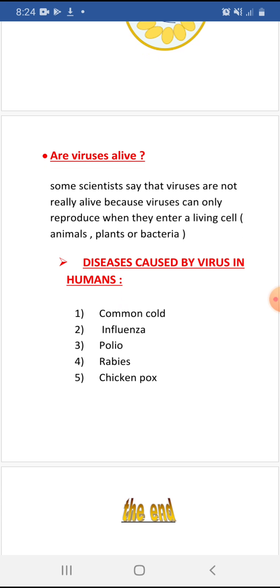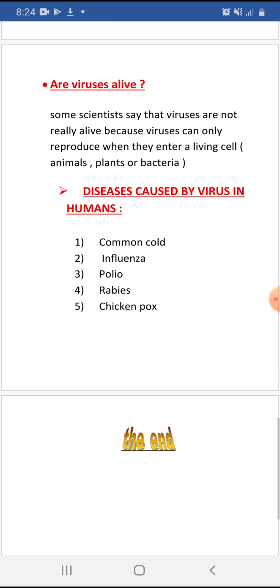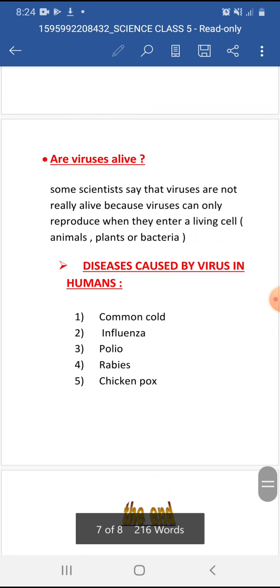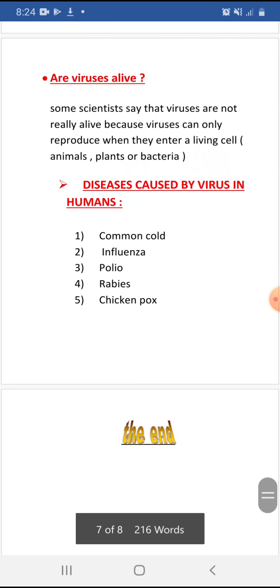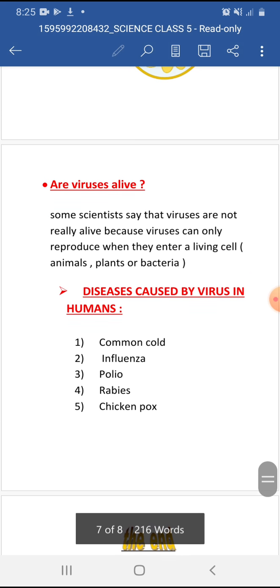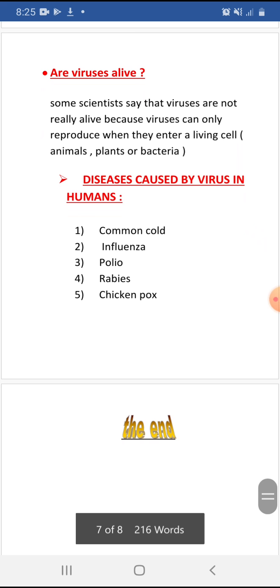They take over the healthy cell and destroy it, and then it makes the plant or the animal ill. And here are some diseases caused by viruses in humans: common cold, influenza, polio, rabies, and chickenpox, and so many more.